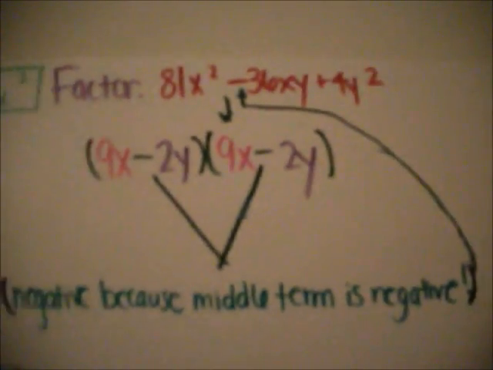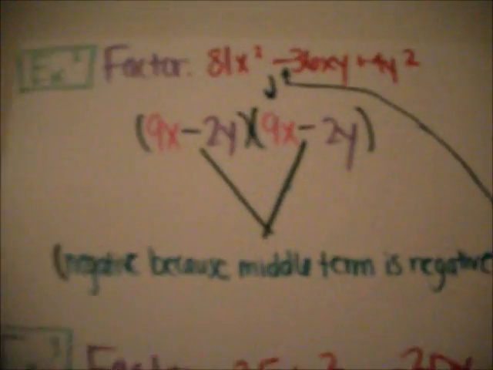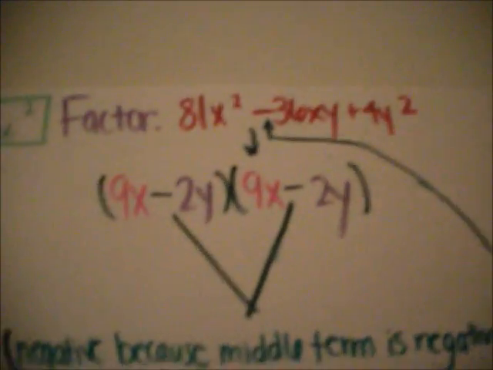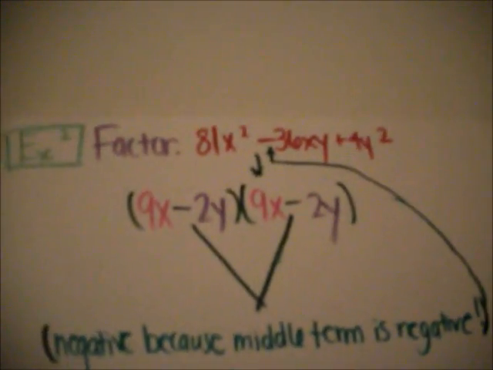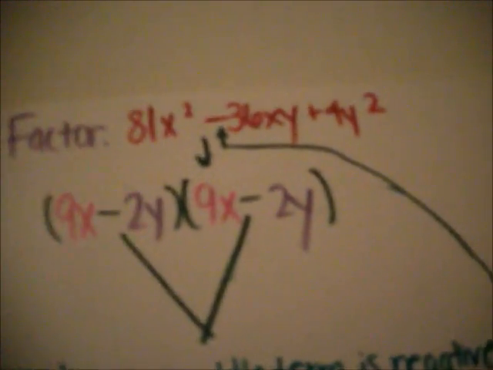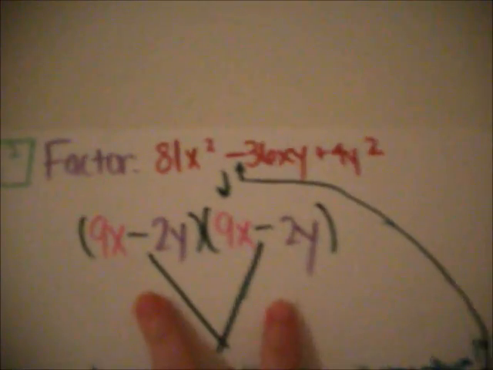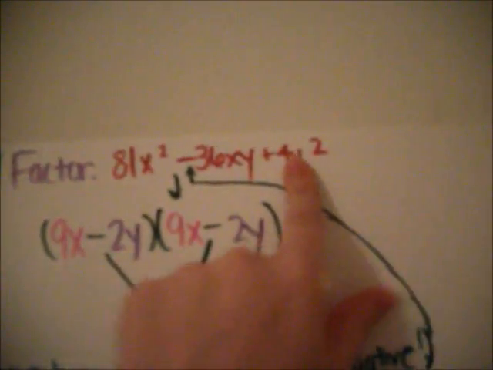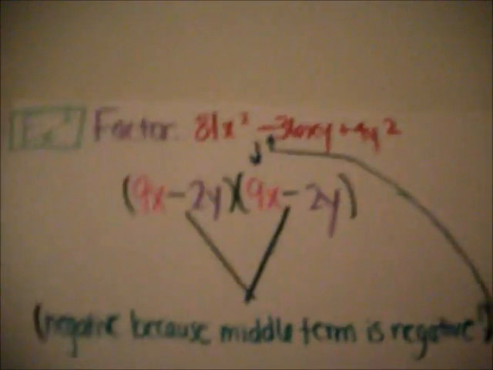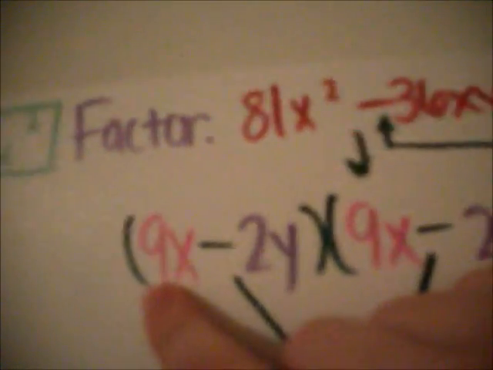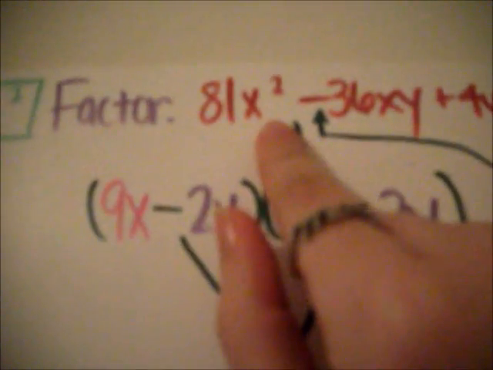Now with this problem, I can tell that the first and last terms are perfect squares, and it's not like this with every problem, but with this one in particular, I noticed that if I take the square root of both of the first and last terms and put it into this form, multiplying it back out would result in this equation. So the square root of the first term, which is 81x squared, would be 9x, because 9 squared is 81, x squared is x squared.